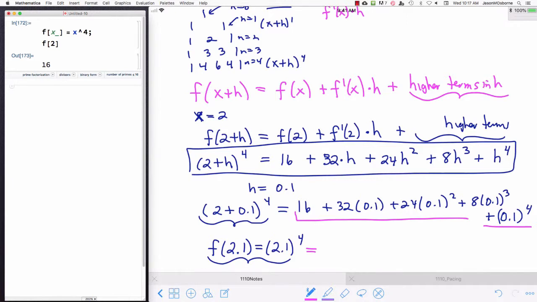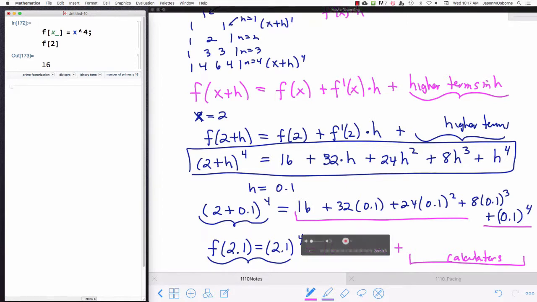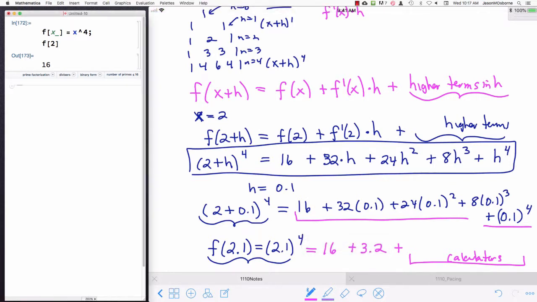2.1 to the fourth power is going to be 16 plus 1/10 of 32, which is 3.2, plus, and now I'll need to go to a calculator to compute the higher terms. So I'm going to go over here to my calculator, which is on the side of the screen, and I'm going to put 24 times 0.1 squared, which gives me 0.24.